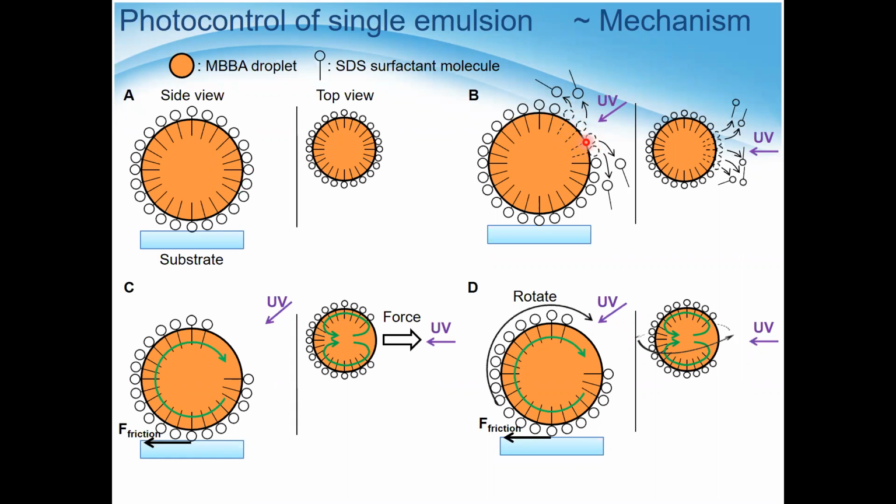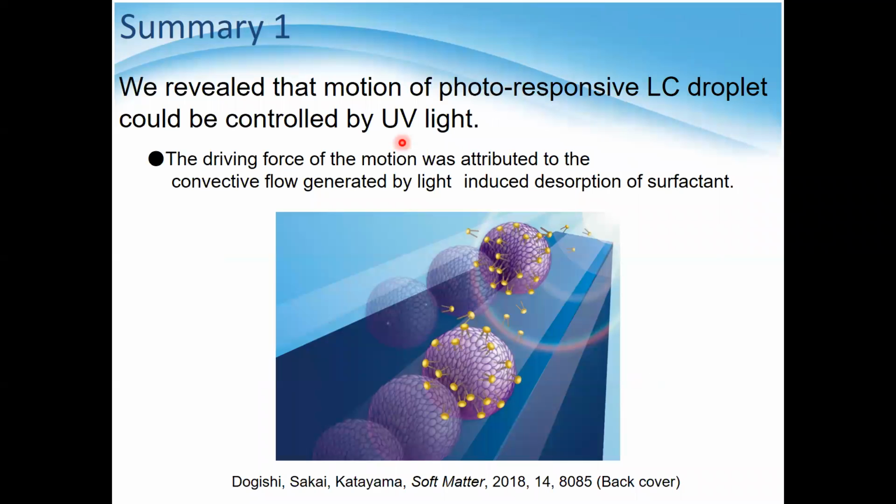And then there should be some surface tension gradient, which caused a rotational flow, and there should be some sort of frictional force on the surface that makes this object rotate on the substrate towards the light source. So here's a summary. We could demonstrate photo-induced motion. This motion was generated by the light-induced molecular flow inside the droplet.